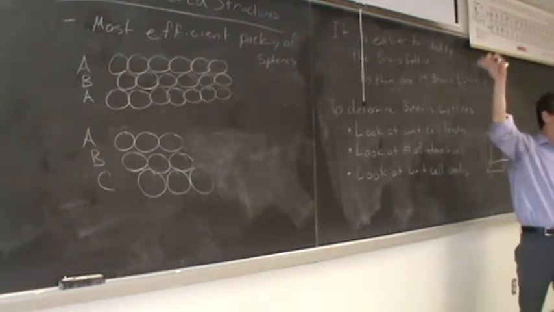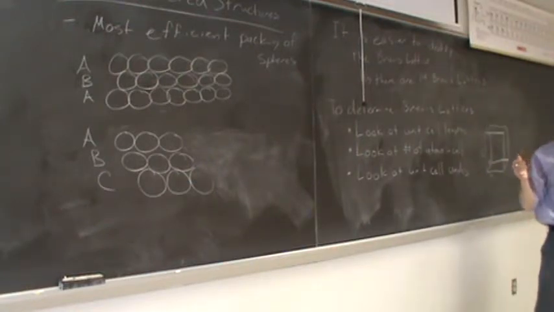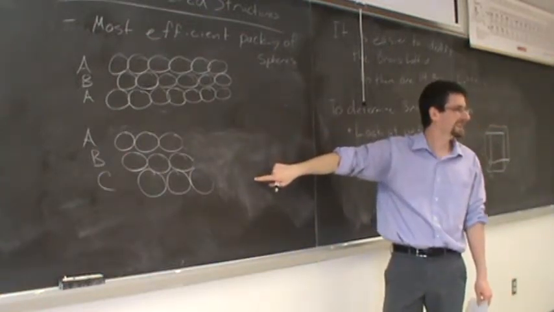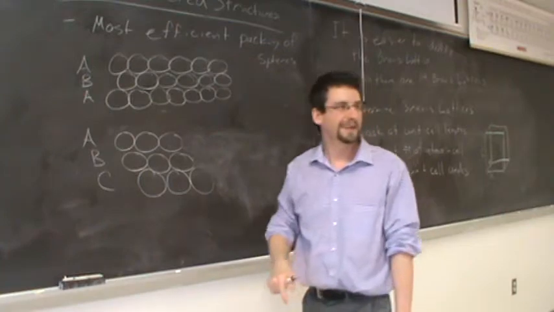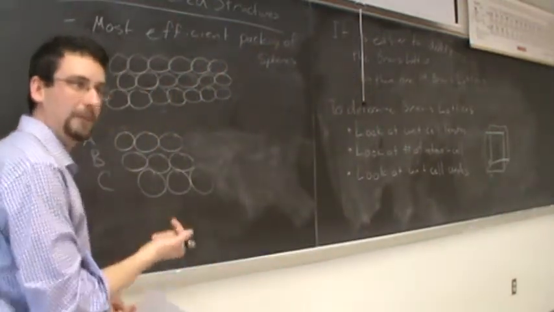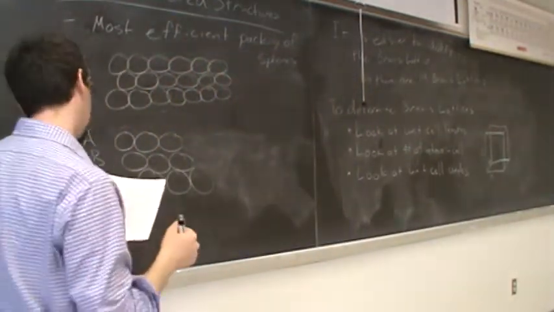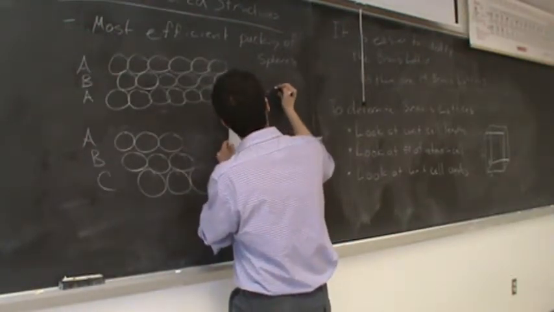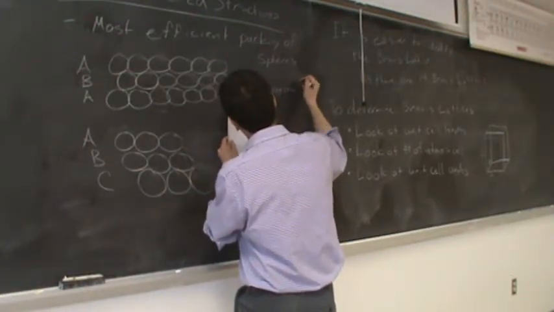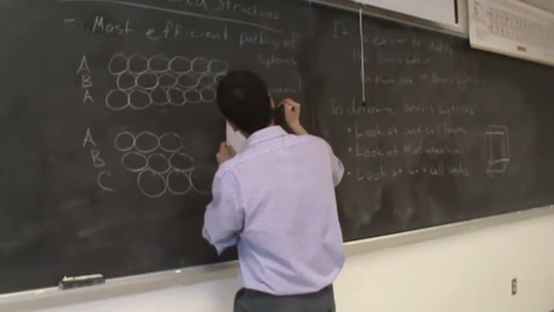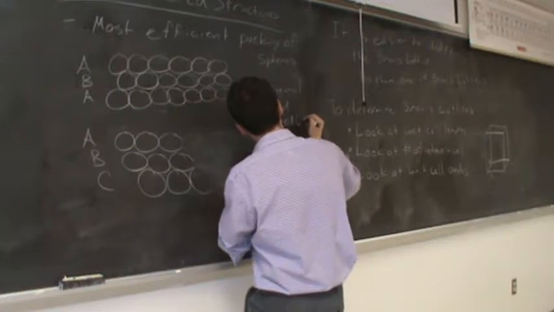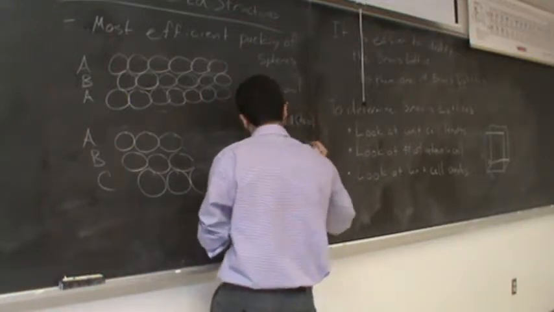Way later on, when they started looking at how atoms arrange themselves, they found that a lot of structures tend to do this. Nature wants to pack most effectively, it's going to try and do it that way. So this is what's known as hexagonal close packing. Sometimes HCP is what it's called.